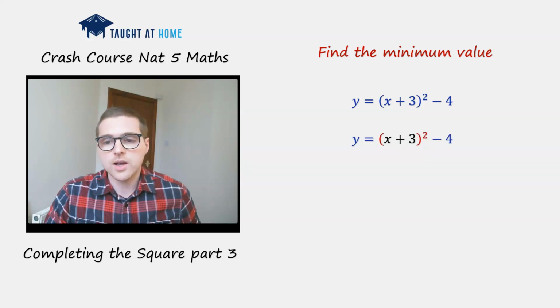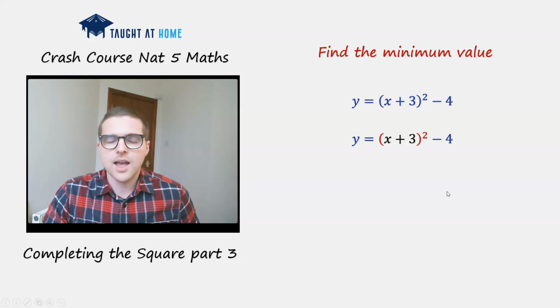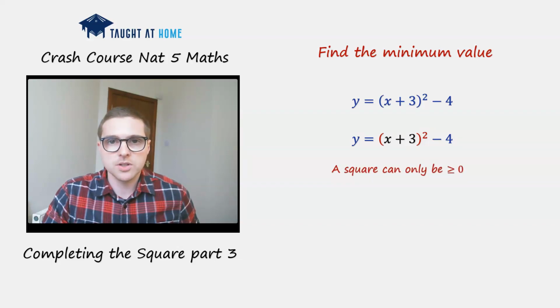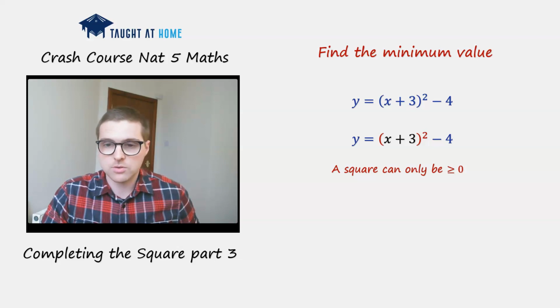Now the brackets is all squared, and we know that a square has to be greater than or equal to 0, because a negative number squared gives a positive number, and you can have 0 squared, which is 0. So all square numbers have to be greater than or equal to 0.